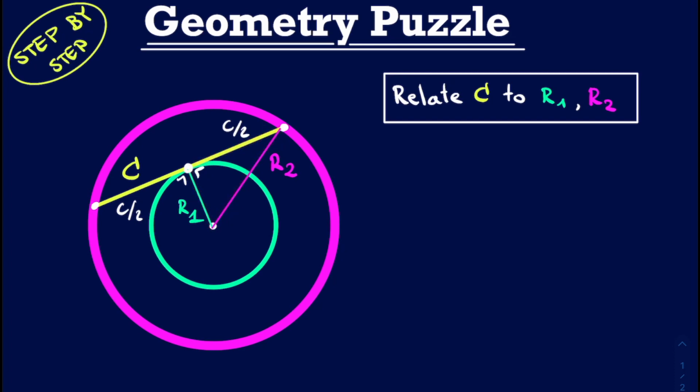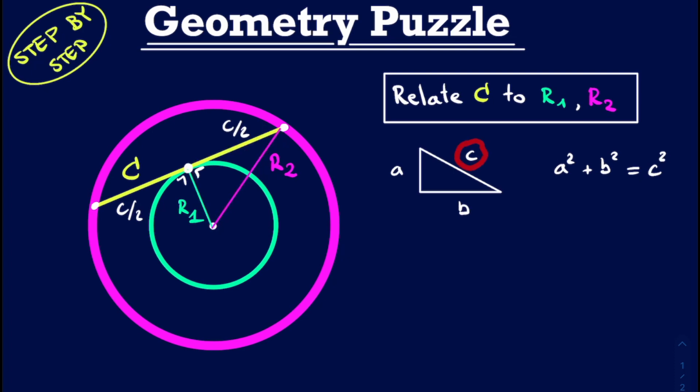And because it is a right-angled triangle, we can use the Pythagorean theorem, which says that for any right-angled triangle, if we call this side A, that side B, and that side C, we have that A squared plus B squared is simply equal to C squared. And now we can apply this to the right angled triangle that we found in our structure.